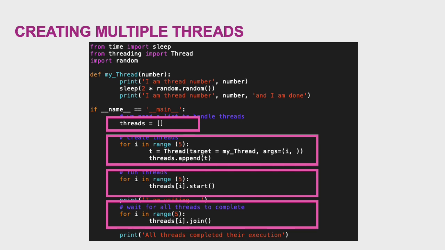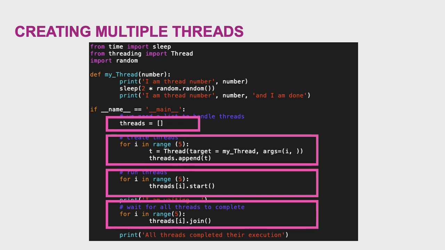The threads list is in charge of providing support for the management of the different threads. Then, easy, we have to create threads as usual. The difference with regards to the example we discussed before is that now we don't need to create a single thread but 5 threads.